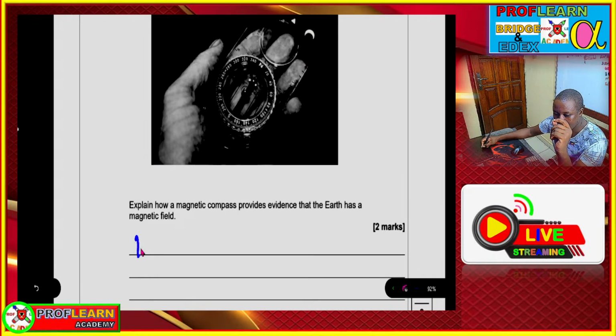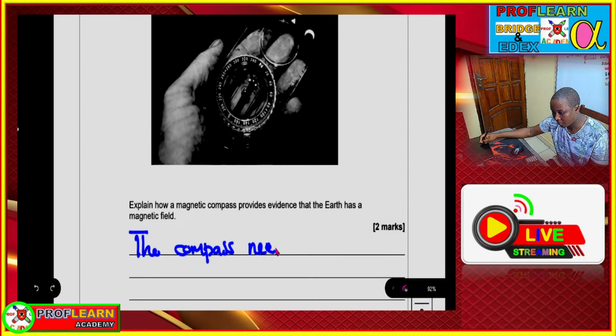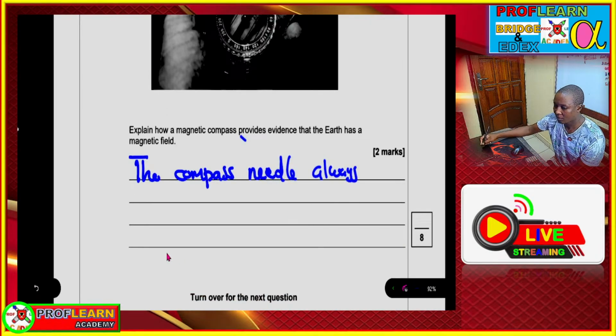So we're going to say that the compass needle always points in the same direction.